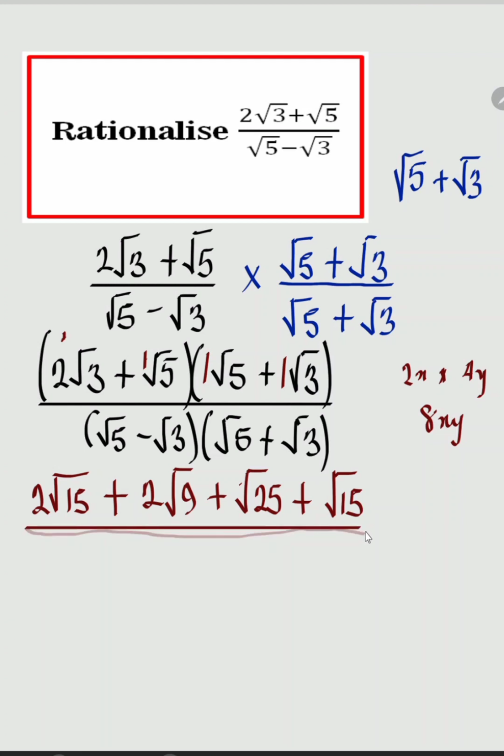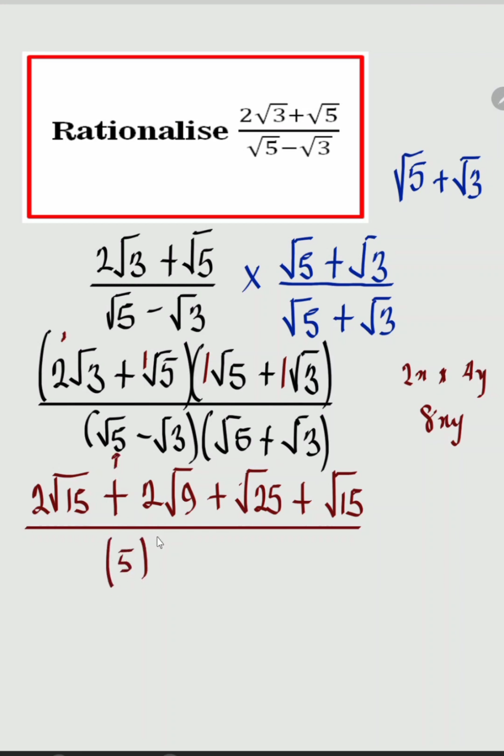Now we want to multiply the denominator now, and don't forget this is a conjugate. The two are conjugates to each other. Once you have conjugate multiplication, don't stress yourself, just take the first term here, and the first term is root 5, right?